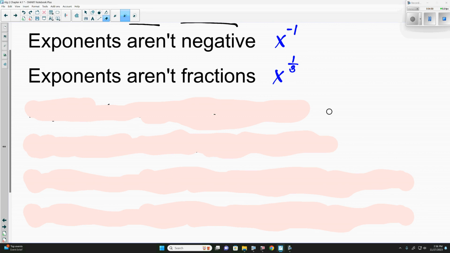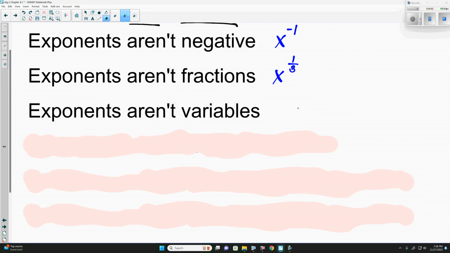Our next one. Any of the exponents cannot be variables. We can't have 2 to the x or y to the x, we cannot have a variable in an exponent. If we have it, it is not a polynomial function.